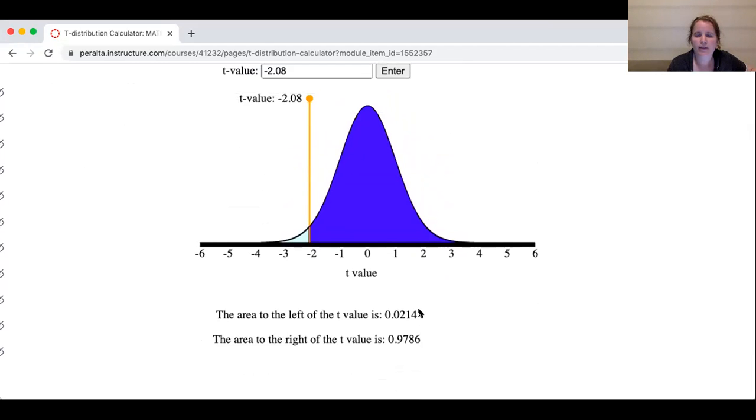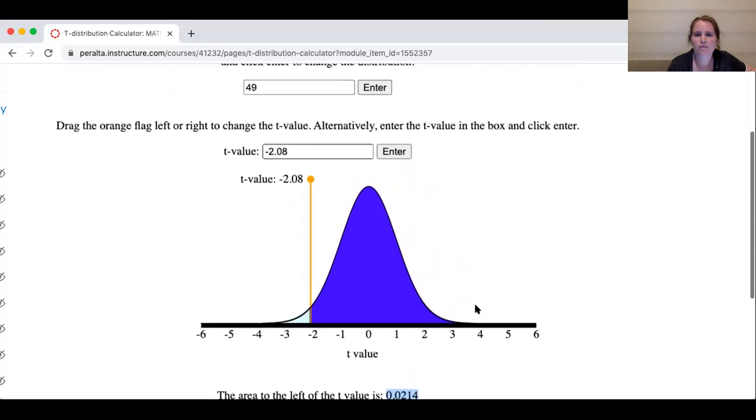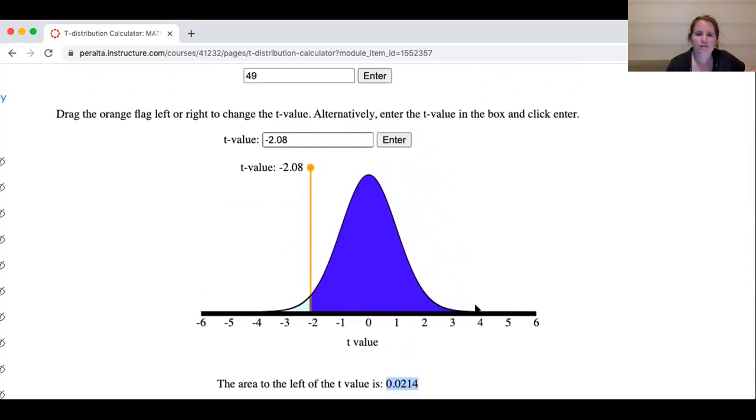So the left, we have a 0.0214. So we entered degrees of freedom of 49 and a t-value of negative 2.08.